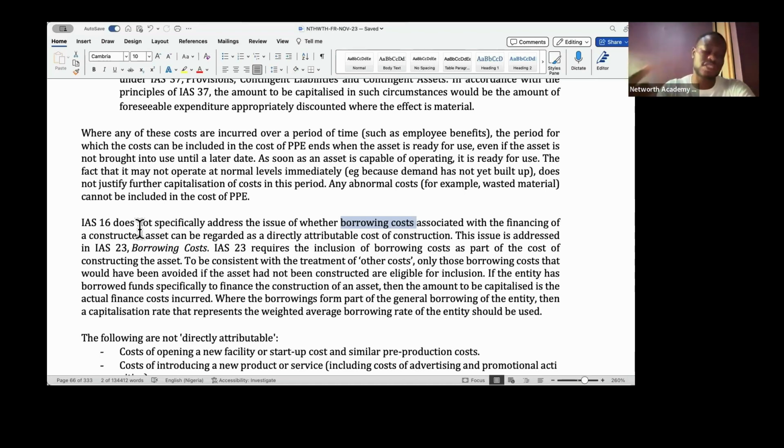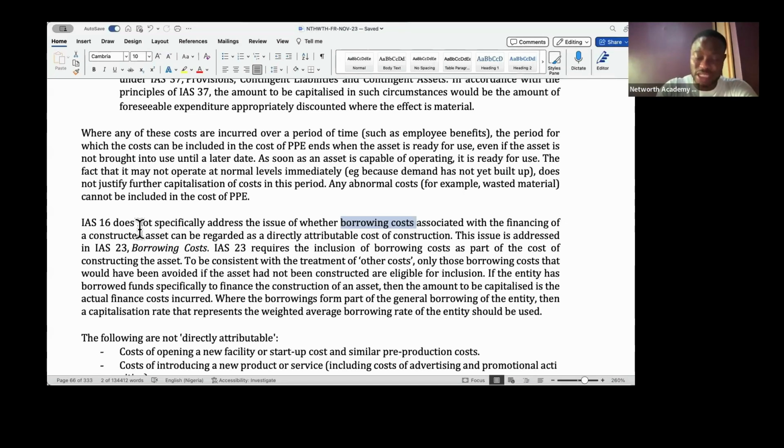IAS 23 states that the interest you are paying to the bank, interest, not the money you borrowed, you should add it as part of the cost of the asset till the date the construction is complete. Okay, so majorly this applies if you are the one constructing the asset yourself and you have to borrow from a bank and you are paying interest. That interest you are paying, you should add it to your costs.